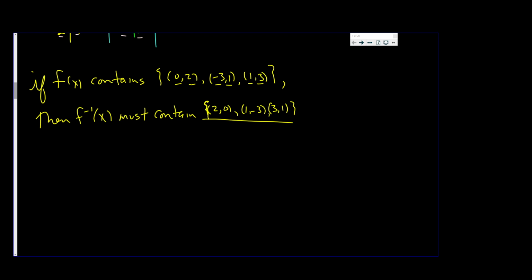Because the only difference between this function and this function is we switched x and y. Okay, so x got switched and y got switched. X used to be 0, now y is 0. Y used to be 2, now x is 2. Why? Because the points on the bottom are the inverse of the points on the top.